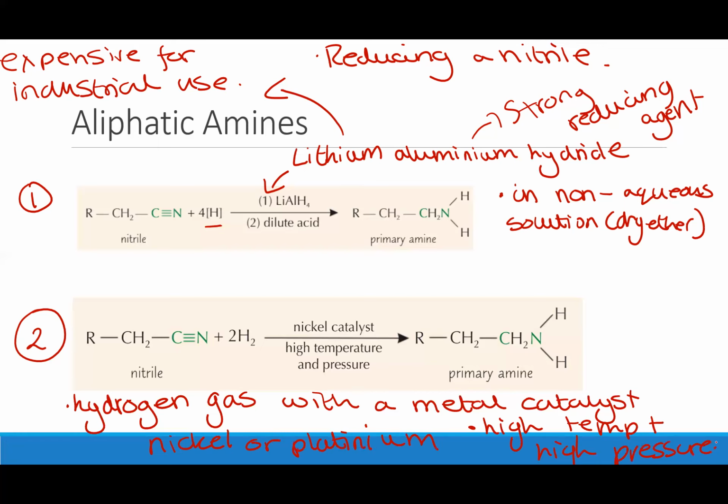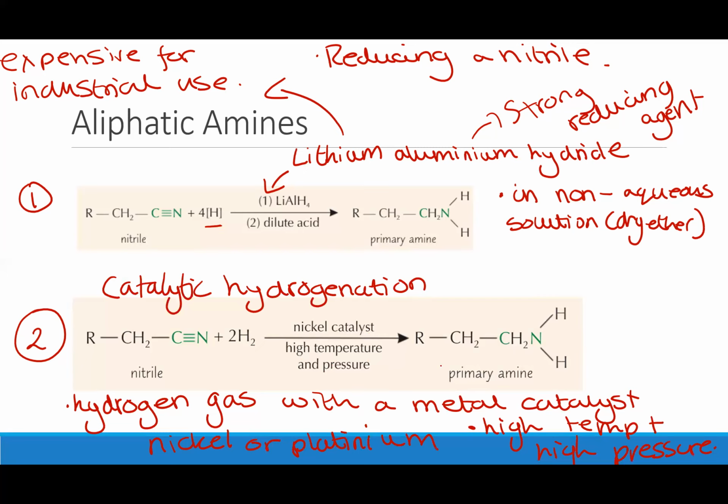And we call this catalytic hydrogenation. I'm just going to pop the name for it above. So again, we've got our nitrile reacting with the hydrogen gas. We've got our metal catalyst, our high temperature and pressure, and we produce that primary amine.